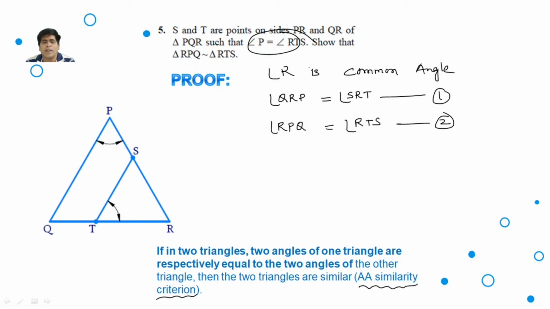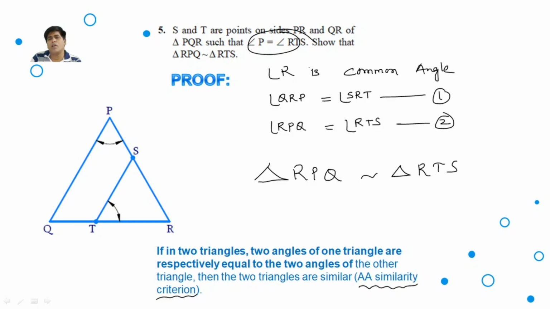What is the statement? If in two triangles, two angles of one triangle are respectively equal to two angles of the other triangle, then the two triangles are similar. Definitely these two triangles are similar. So I will write that triangle RPQ is similar to triangle RTS.